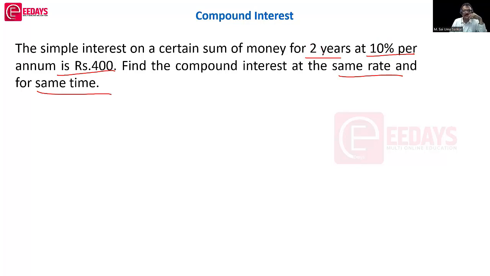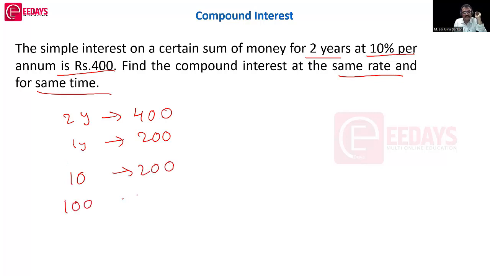If you observe, for 2 years that is equal to 400. Per 1 year, that is equal to 200 rupees, right? That means 10% of the amount is equal to 200. 100% of the amount is equal to how much? Into 10, so that is equal to 2000 rupees.